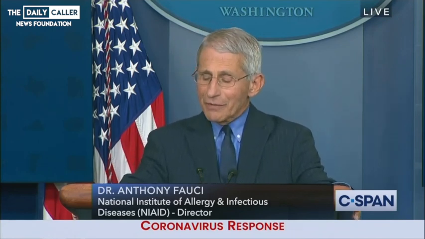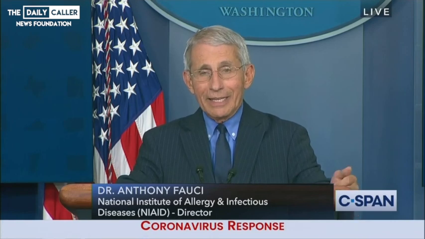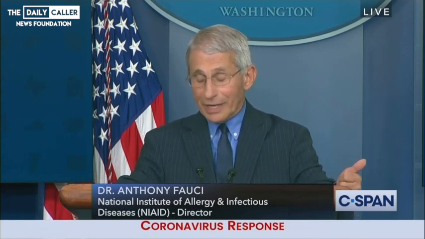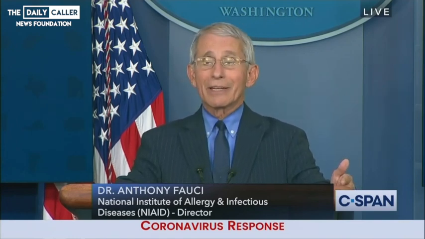So we have to figure out, how do we close that gap? There are a lot of things that I think we've learned and that we are correcting and going to correct. Namely, you have a situation where tests are needed and appropriate, and either people have found there are no tests, or there are no reagents, or there are no swabs, or a person needed a test and was told that there was a restriction.